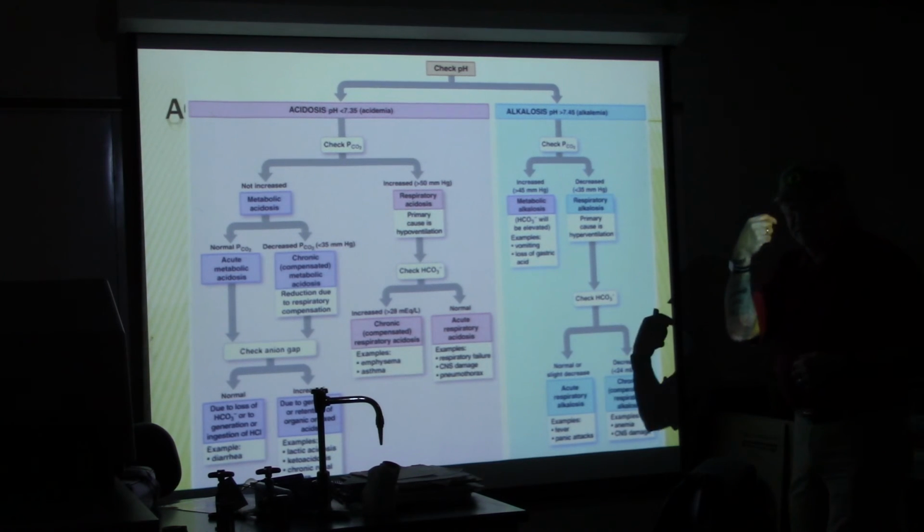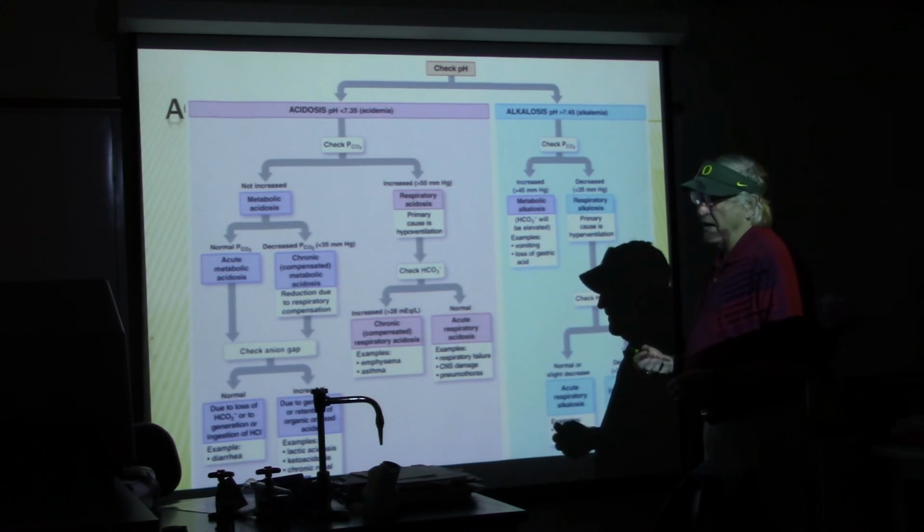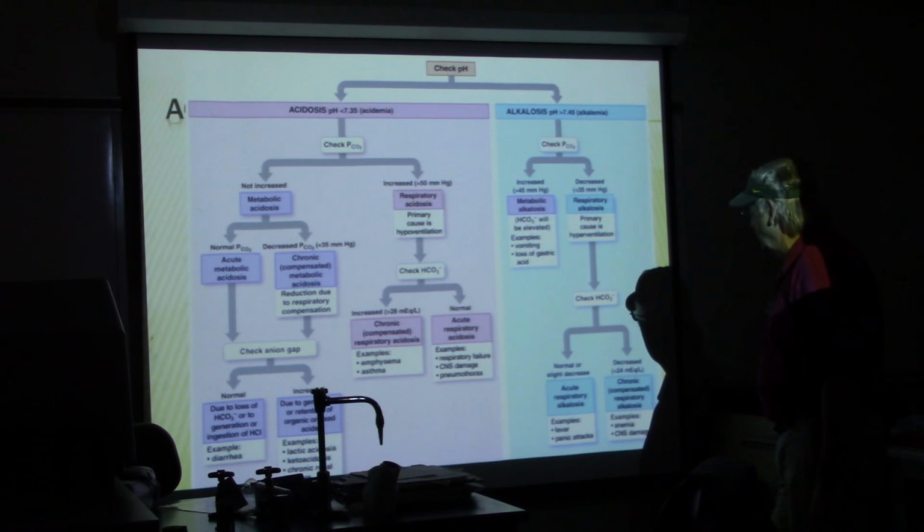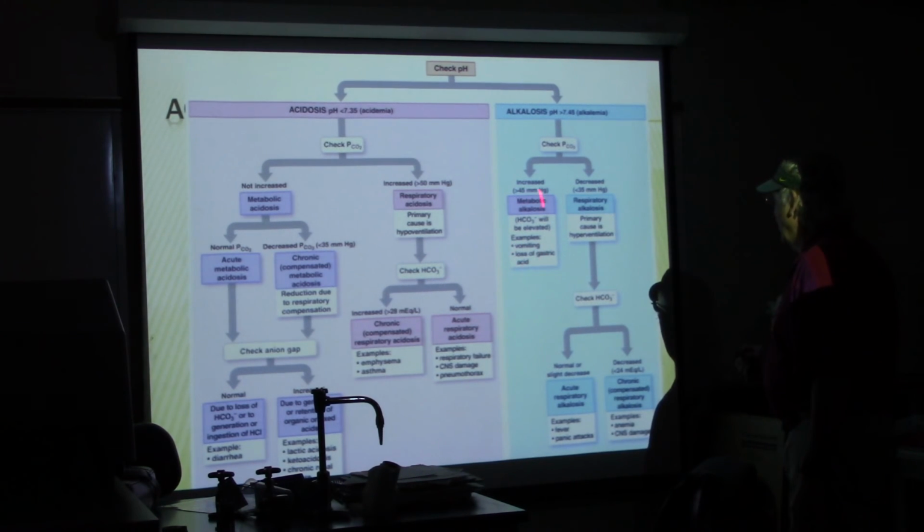You can do that with an NG tube, by the way. You can suck a whole lot of acid out of somebody's stomach with an NG tube and lean towards this problem here.